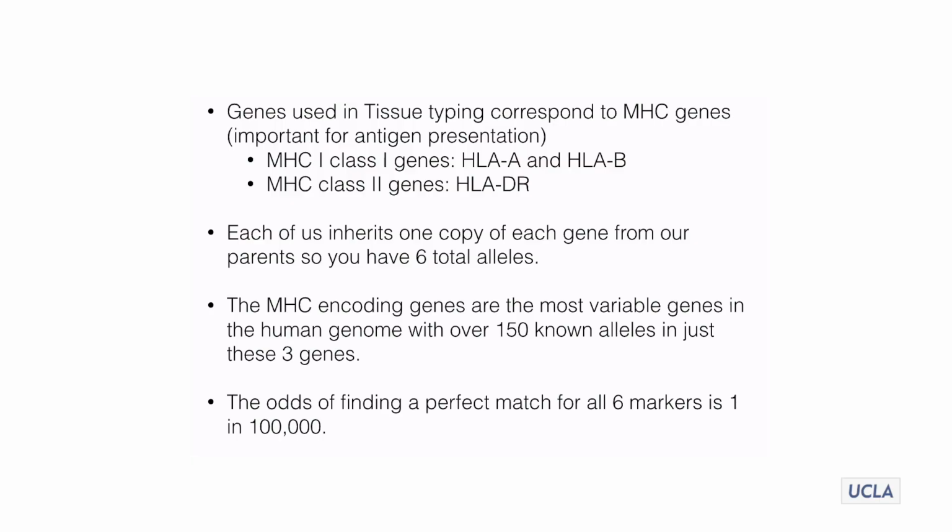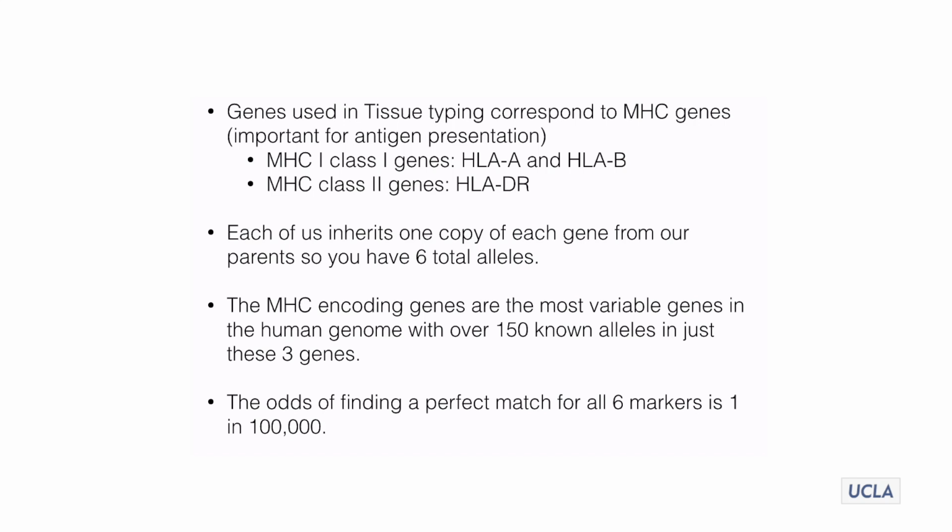So I want to talk to you a little more about this tissue typing procedure and how we figure out if somebody is a match. This will harken back to our previous lecture where we talked about MHC, because the genes that you care about when you're thinking about tissue typing are the MHC class 1 and MHC class 2 genes.